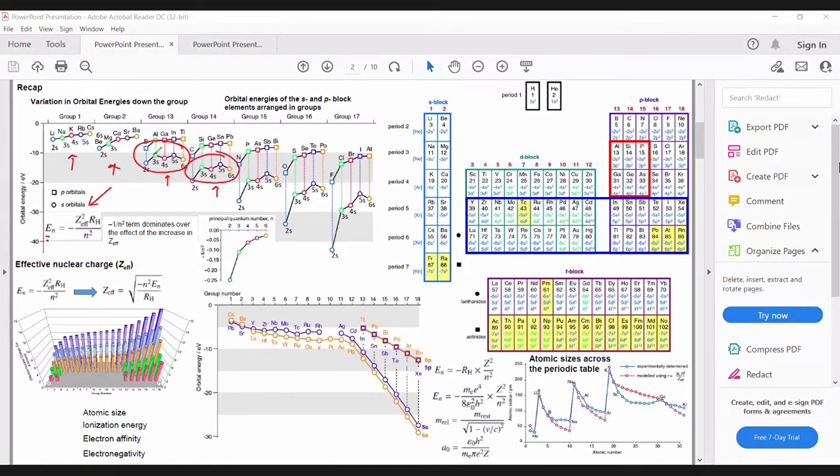Here we have seen that from 3s to 4s, this sort of transition happens where the atomic number is increased by 18, right? And again, the general trend follows as we go to 5s.